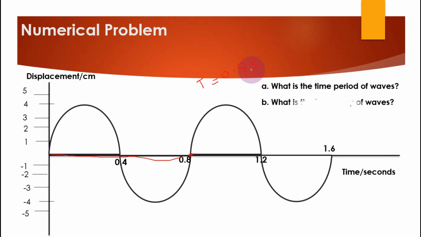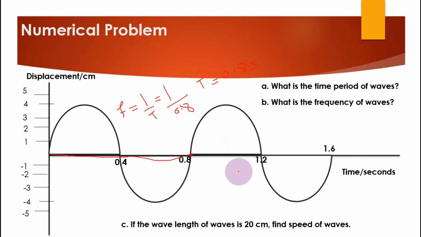The next is, what is the frequency of the wave? So from time period we can find out frequency easily, that is f is equal to 1 divided by T. And T is how much? That is 0.8. So we get f is equal to 1 divided by 0.8, and by calculating this with a calculator you can find out the frequency of the wave.